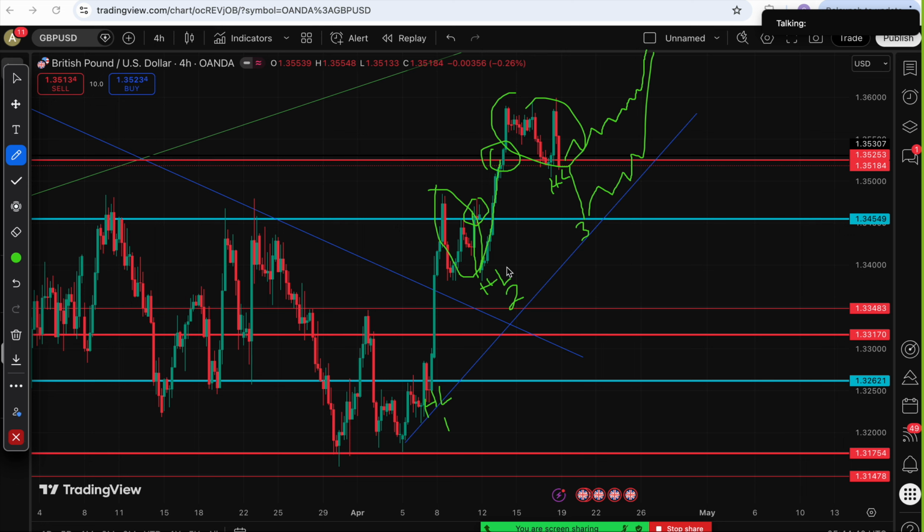All right, so we are looking at continuation of the buy on GBPUSD for the fourth week. Let's see what's going to happen, and just pay attention to how the market will respond to those zones, and then we can continue the buy or change the direction of the order.